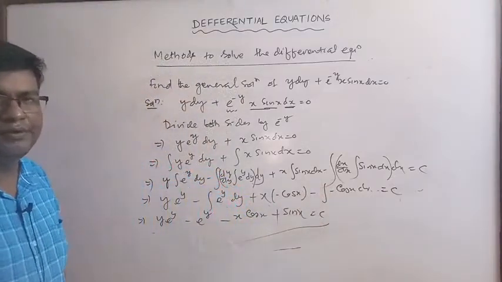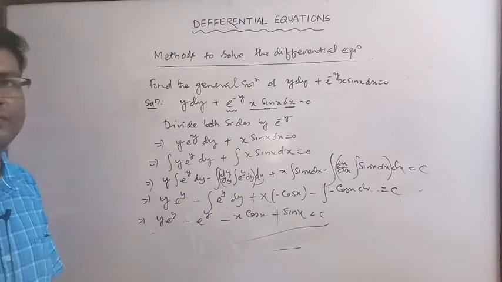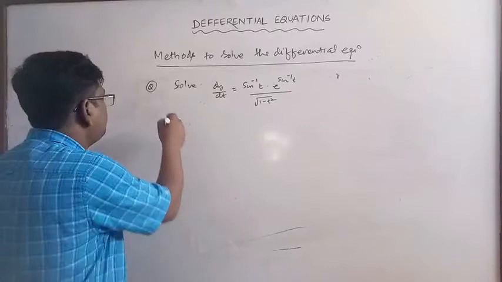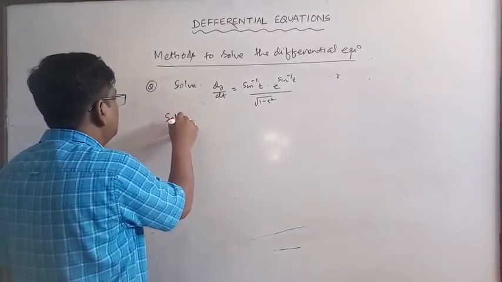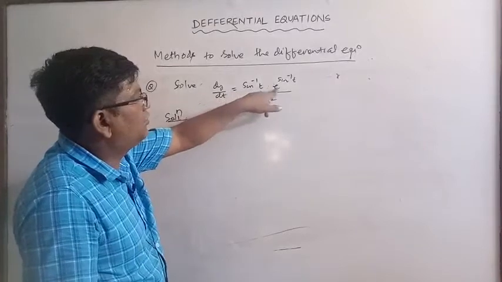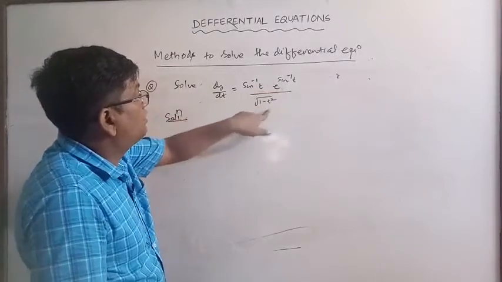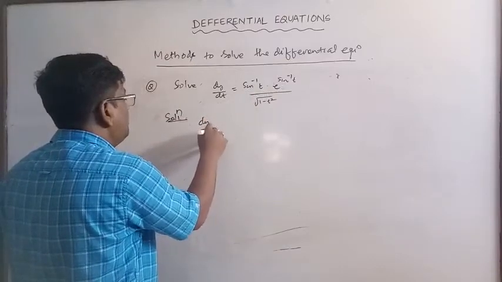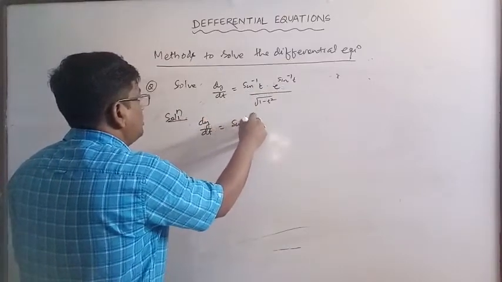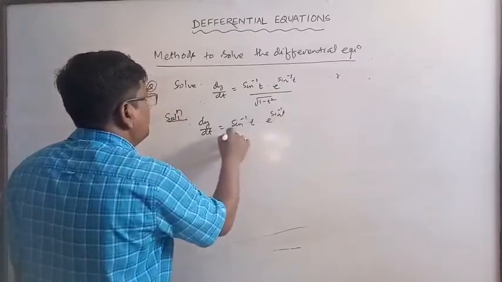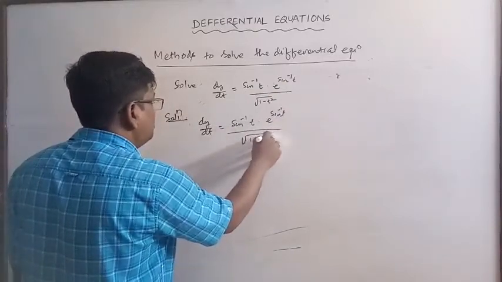Okay, now another question. Solve. The question is solve dy by dt equal to sin inverse t e to the sin inverse t divided by root over 1 minus t square. So the solution is dy by dt is equal to sin inverse t e to the sin inverse t by root over 1 minus t square.